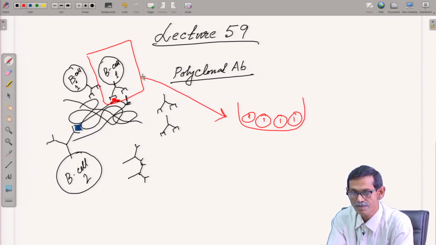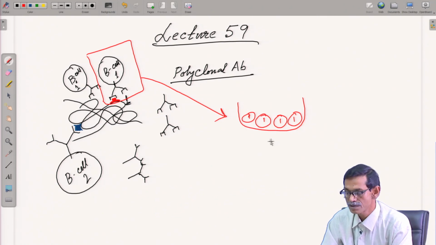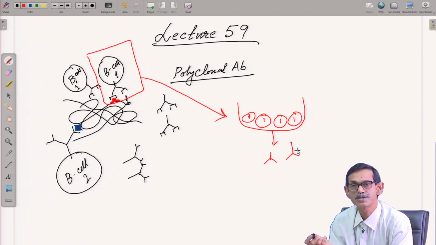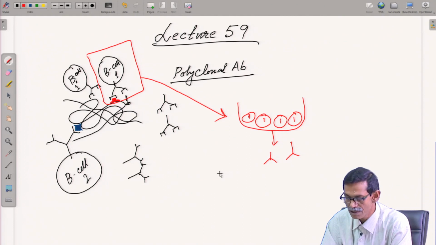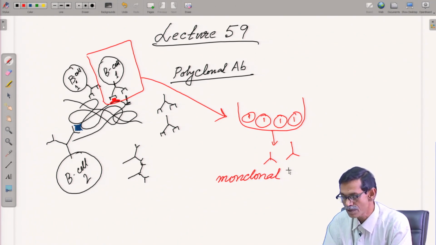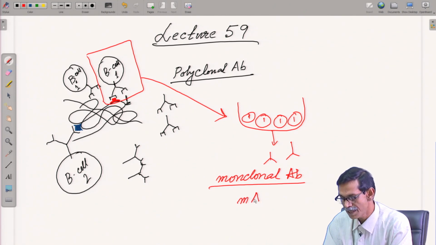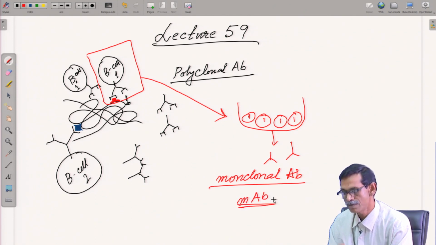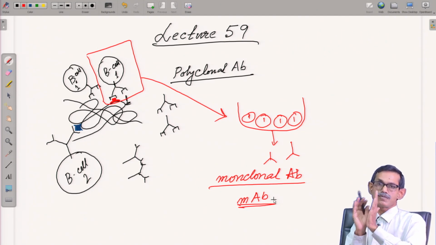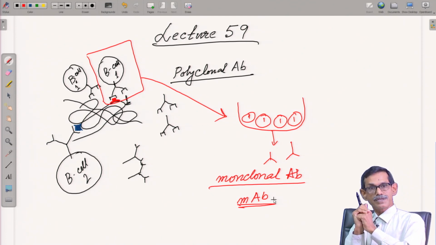We can purify and culture in a system so that all antibodies are going to be identical. Then it is called monoclonal. That means we are getting monoclonal antibody, from a single clone. It is also called MAB. Many times you will see MAB. So, this is monoclonal. Now, we are going to discuss how we can get monoclonal antibody.